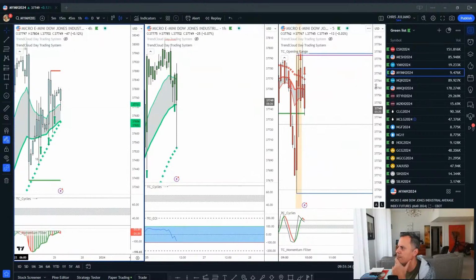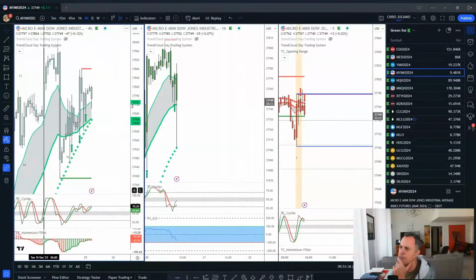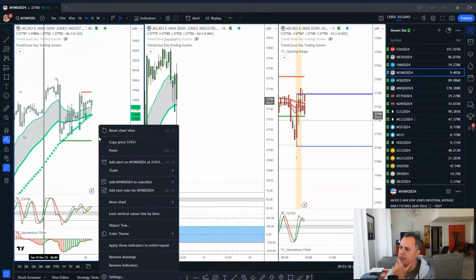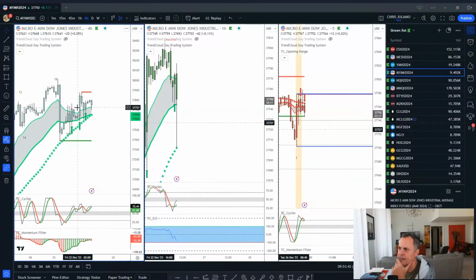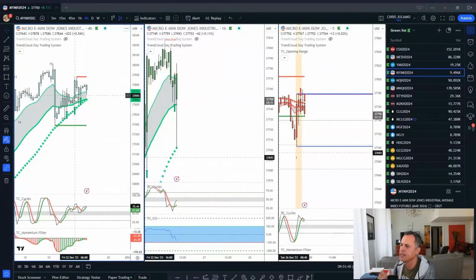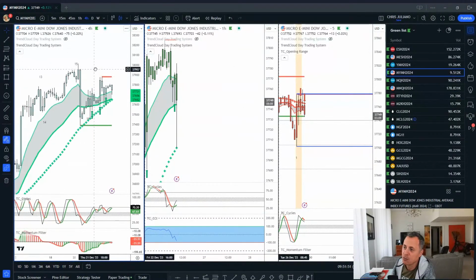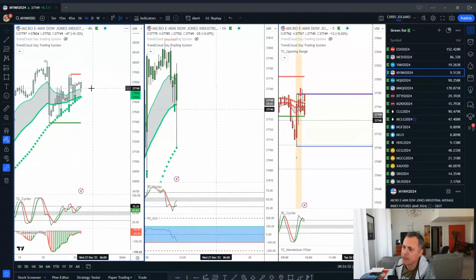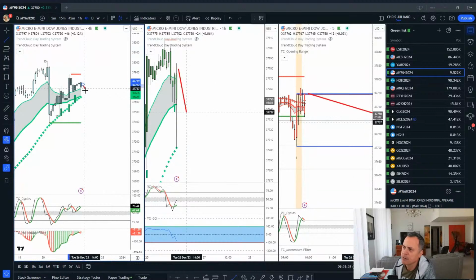Micro Dow. Micro Dow is really overextended here on the high time frame. And we're going sideways. Sideways on the micro Dow in an extended trend. Wow. 15 waves up? Yeah. Now we are pretty close to recalculating here.